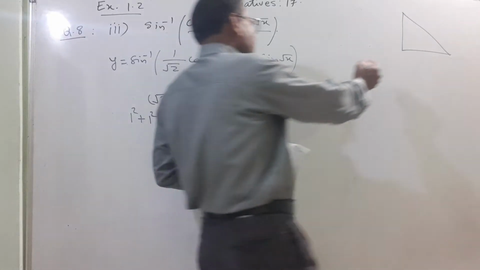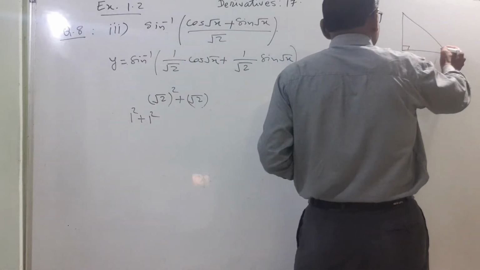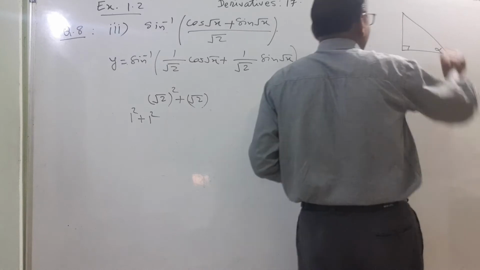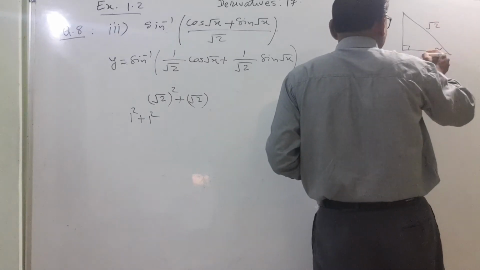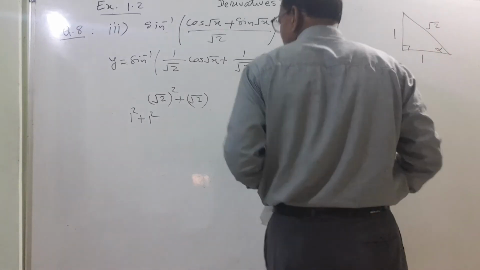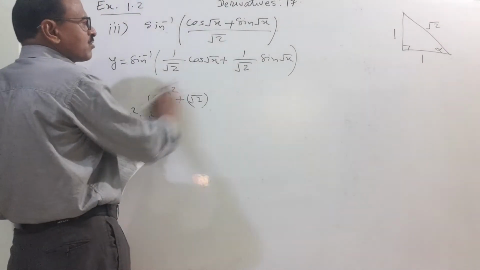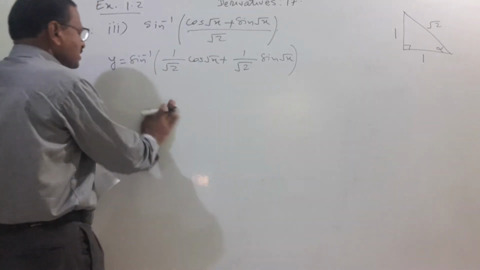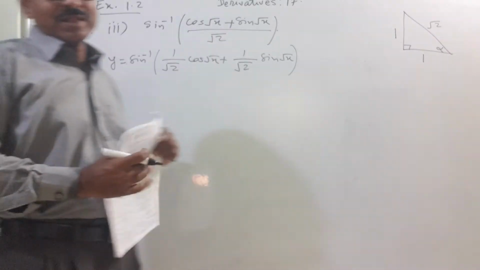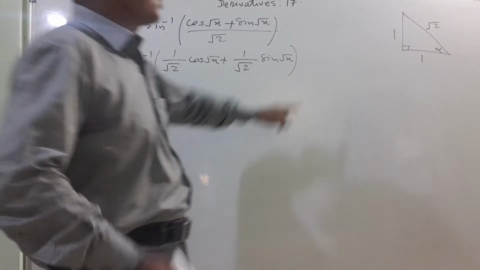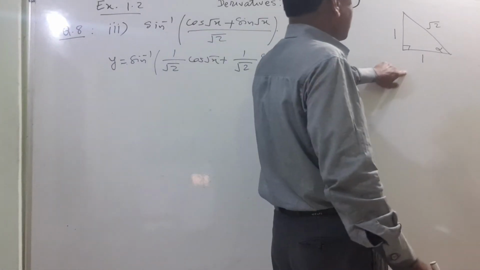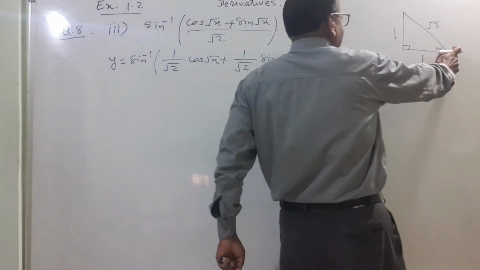If this is a right angle triangle like this, and this is alpha, this is root 2, this is 1 and this is 1, we will check whether 1 square plus 1 square is equal to root 2 square and the hypotenuse is root 2. These are the two sides of the right angle triangle. So this angle is alpha.